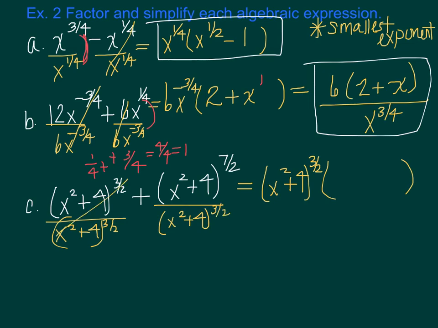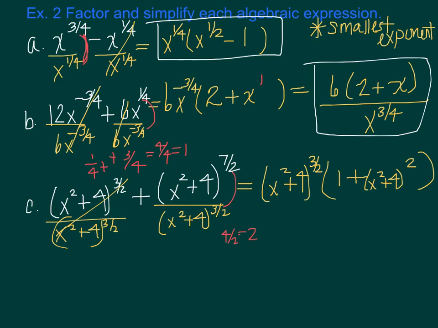So dividing that, I get 1 plus x squared plus 4 to the, remember we have to subtract 7/2 minus 3/2, which is 4/2, which equals 2.